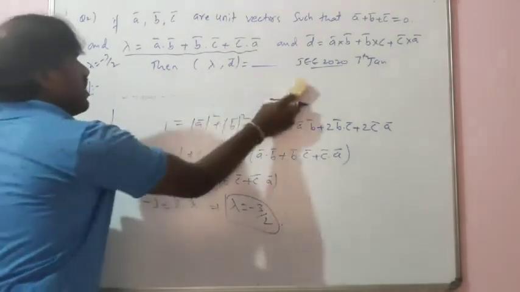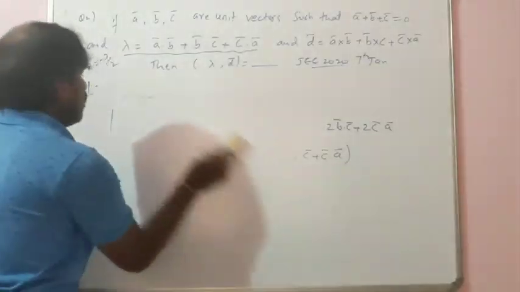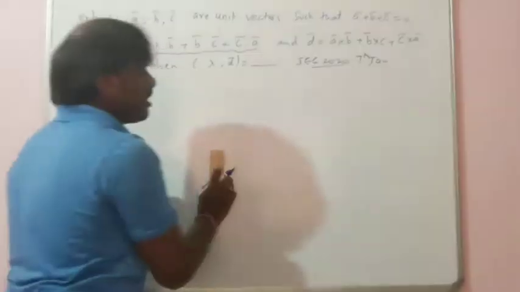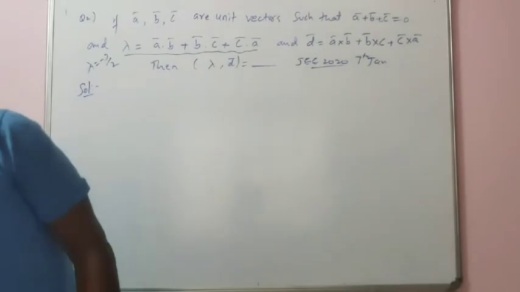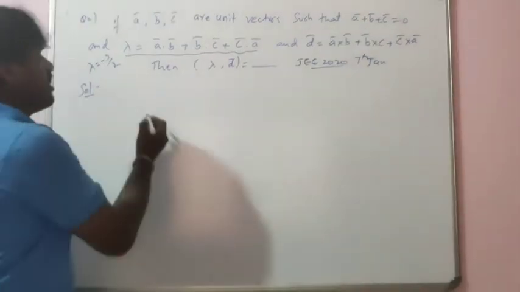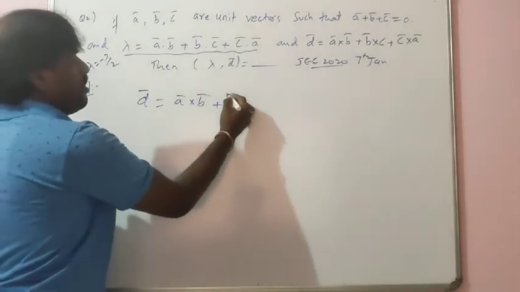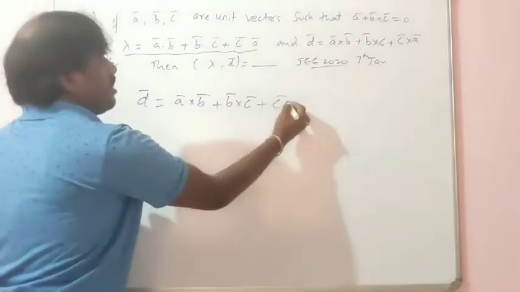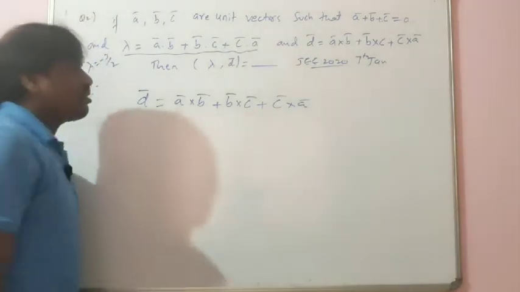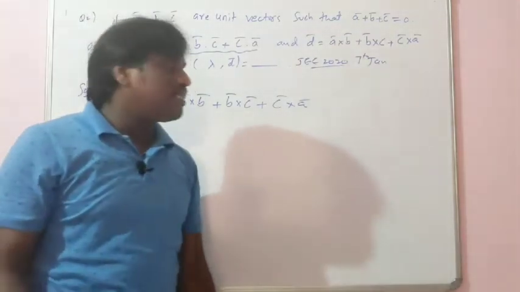So how to find the D vector? Very simple. D vector is equal to A×B + B×C + C×A, they gave. So you have to find this value, and the options are given like this.